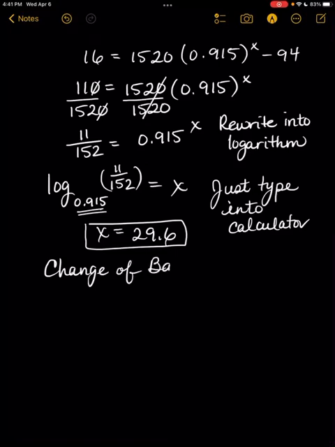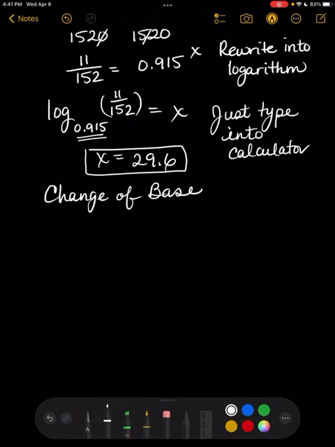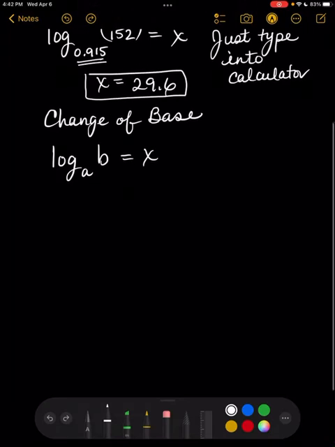If you have a logarithm of base A of B equals x, and let's say you have a number for A other than 10, or other than e, because most calculators all have the common log, which is log with base 10, or the natural log, which is log of base e. If they do not have a 10 or an e, what you will do is type it in the sense that I need to change the base so that I can use the calculator and use those two specific buttons that are always given.